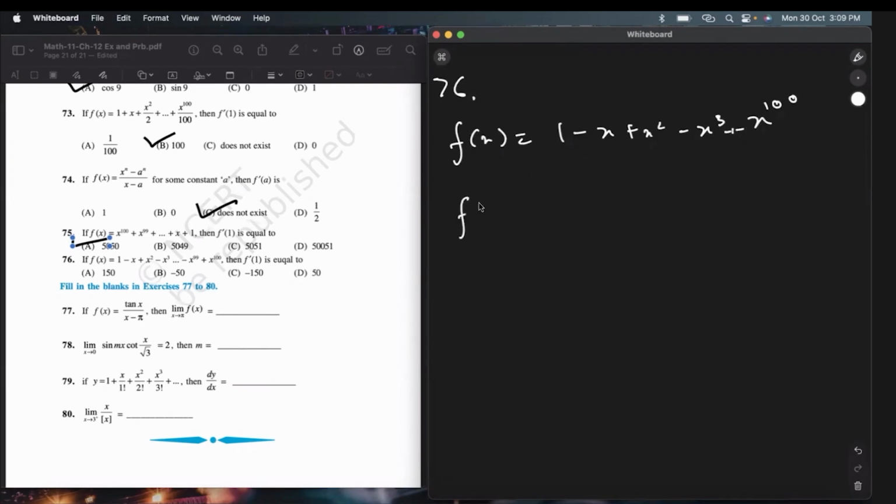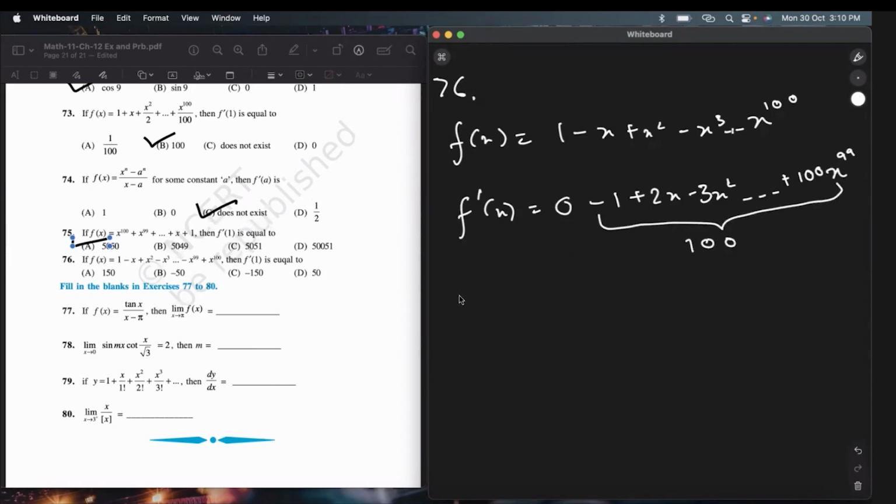Now if I try to find f dash of x, it will give me 1 minus 2x plus 3x square, going on till plus 100 x raised to the power of 99. So these are 100 terms.